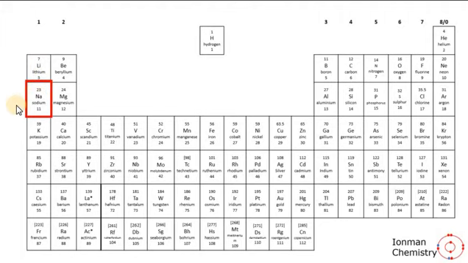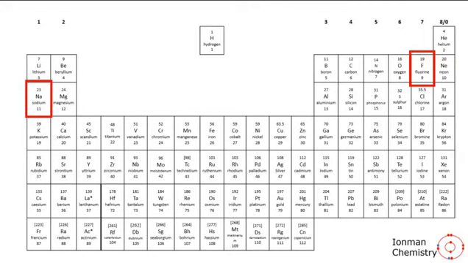So sodium, as we saw, has got 1 electron in its outer shell, so it's group 1. It's got 3 shells, so it goes in period 3. And fluorine, if you remember, had 7 electrons in its outer shell, so it goes over here in group 7. And it had 2 shells, so it goes in period 2. There's period 1, and here's period 2.